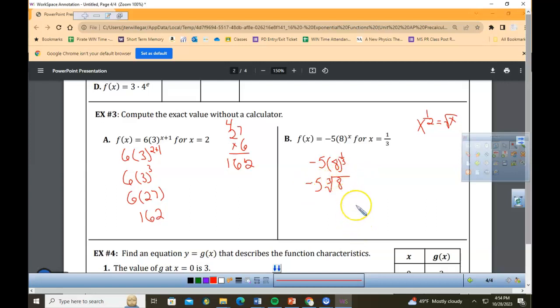Now, what times itself 3 times is 8? Well, it's 2, because 8's a perfect cube. That's negative 10. All right, this is going to come back and haunt us in a little bit. But this gives us a little start here.